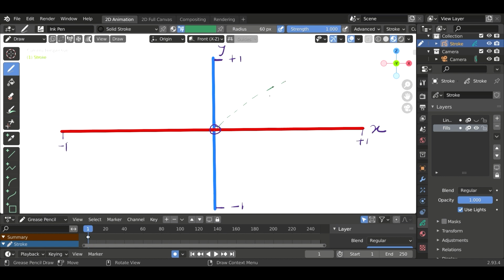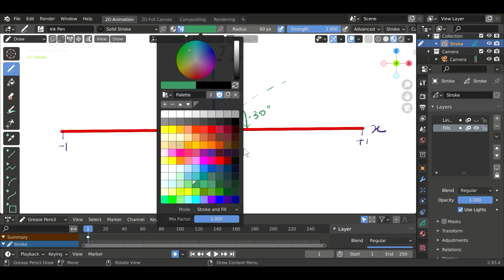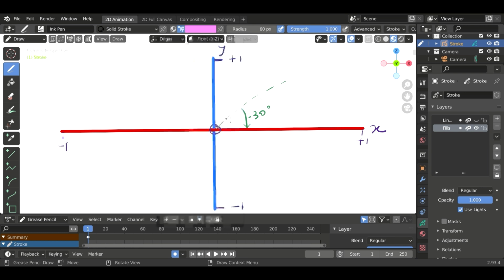Now let's remember that in a circle we have 360 degrees. If we're measuring in the clockwise direction, let's say this angle is minus 30 degrees. What would the rest be? If this one is minus 30 degrees, what would this side be?